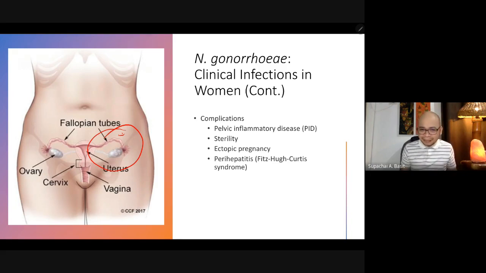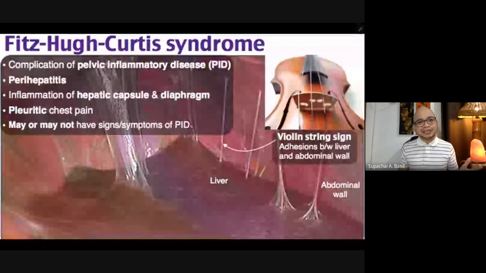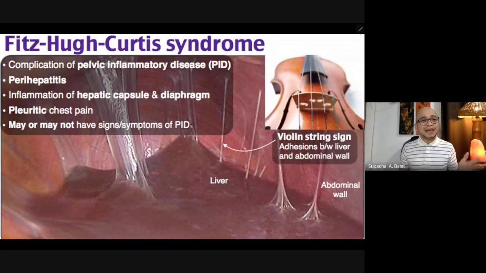So what is perihepatitis or Fitz-Hugh-Curtis syndrome? Okay. Fitz-Hugh-Curtis syndrome is the complication of a pelvic inflammatory disease. Okay? So it is the inflammation of the hepatic capsule and the diaphragm because of the proximity of the diaphragm and the hepatic capsule.